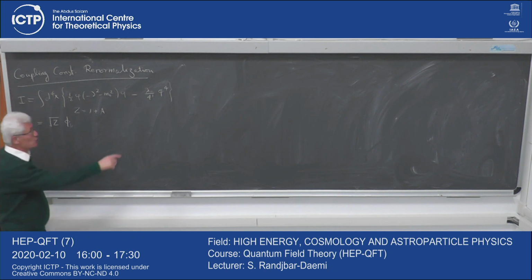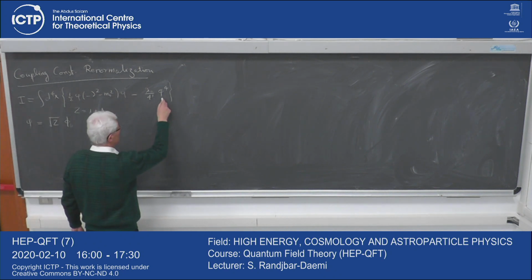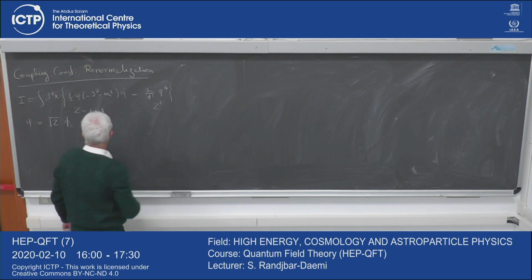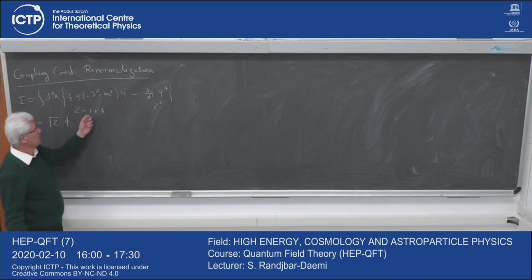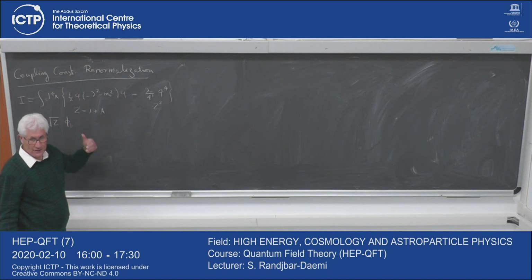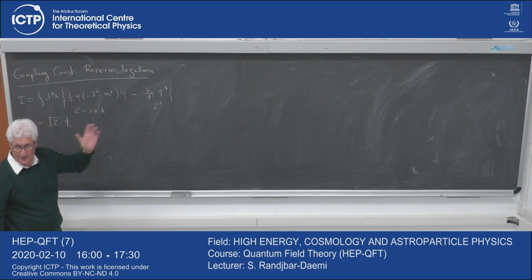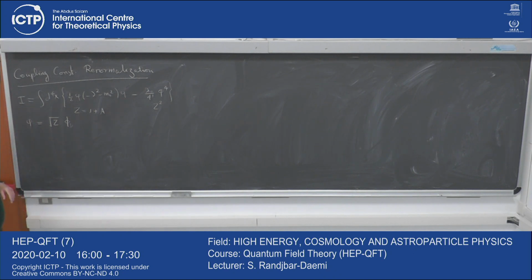And here there will be a z squared. So the idea is to use this one part to separate this action into a part which is written in terms of the renormalized field, renormalized mass, renormalized coupling, plus the rest, whatever is the rest. And then apply perturbation theory.